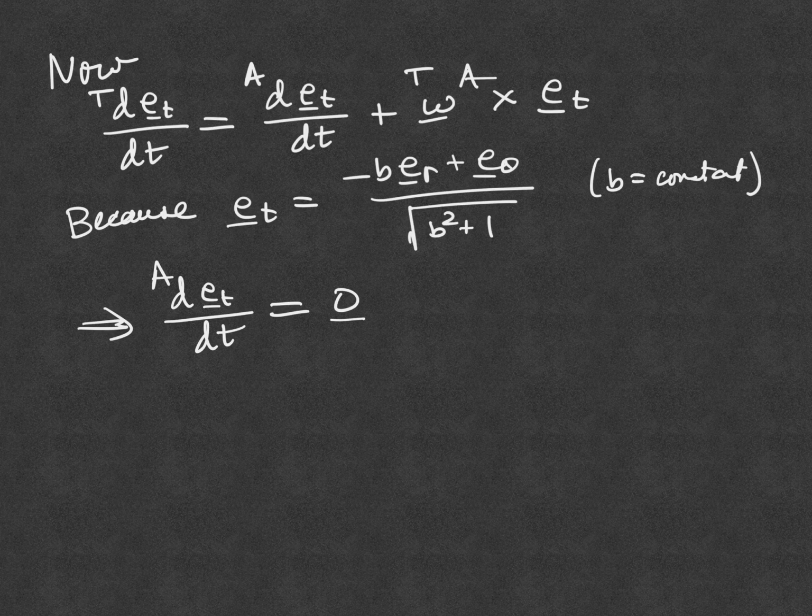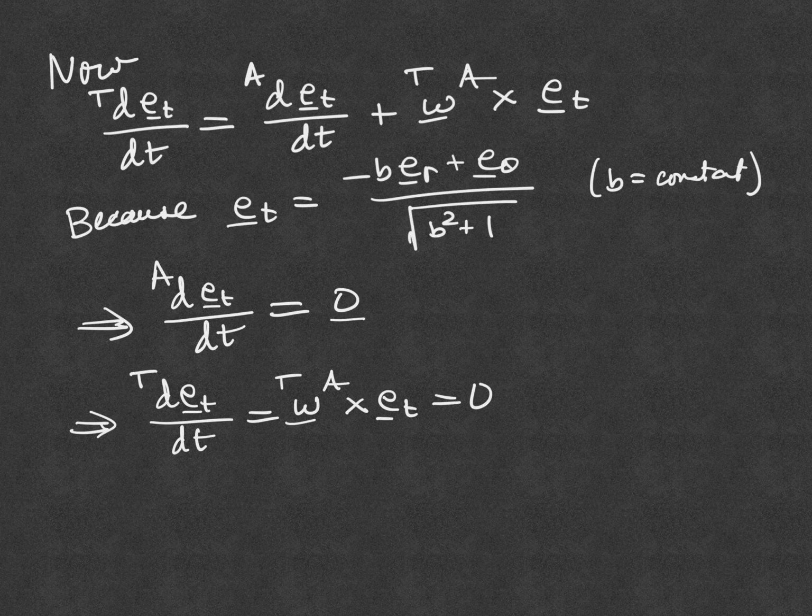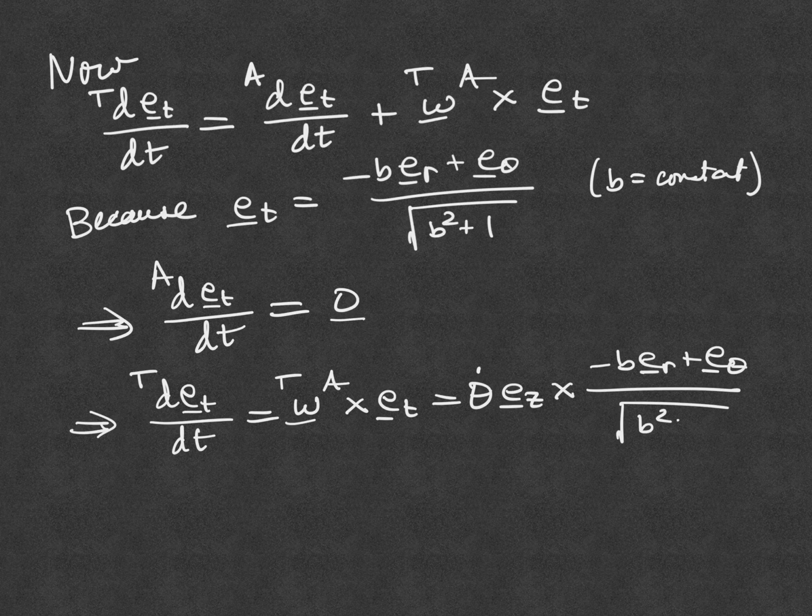So the only thing that's left is just the second term, which is that dE_t/dt in T is equal to omega^{AT} crossed with e_t, which is equal to theta dot e_z crossed with minus b e_r plus e_theta, all divided by the square root of b squared plus 1.